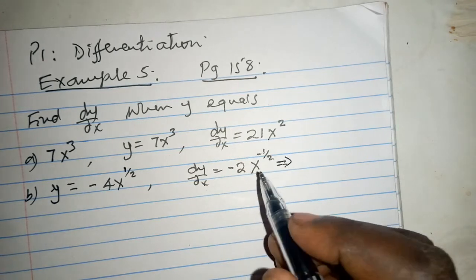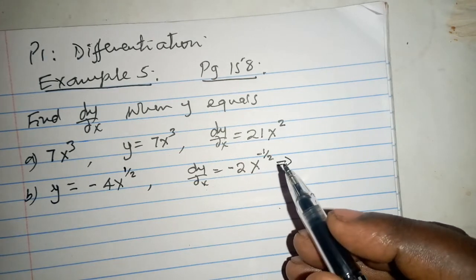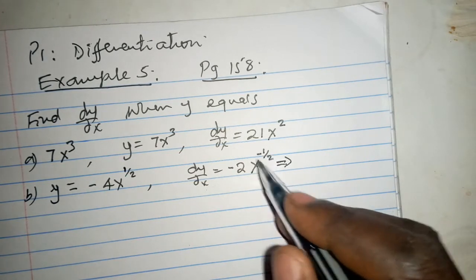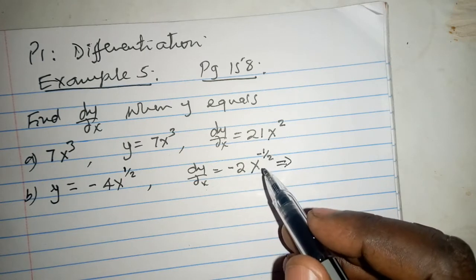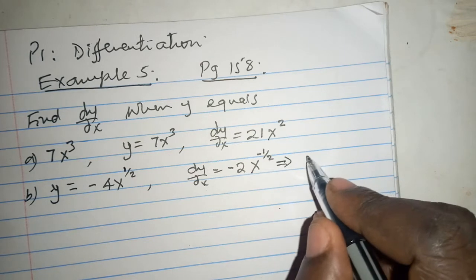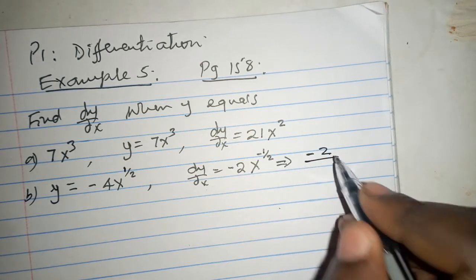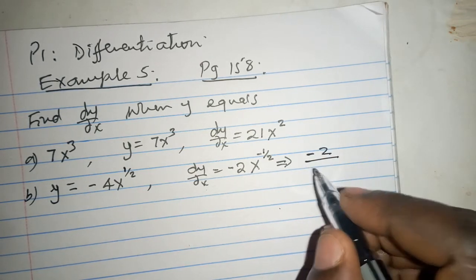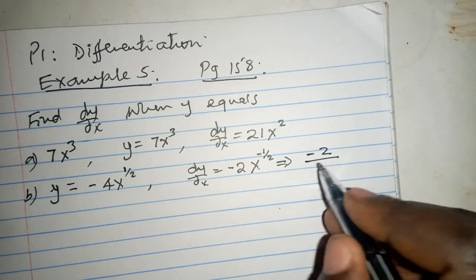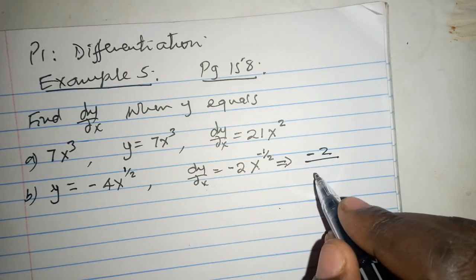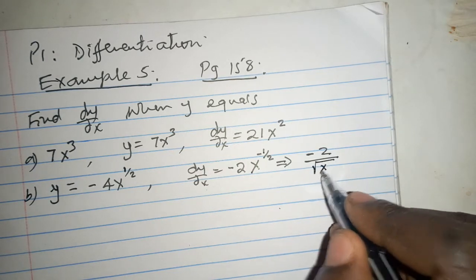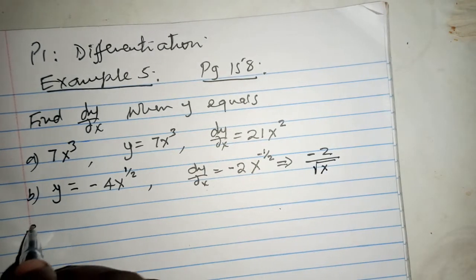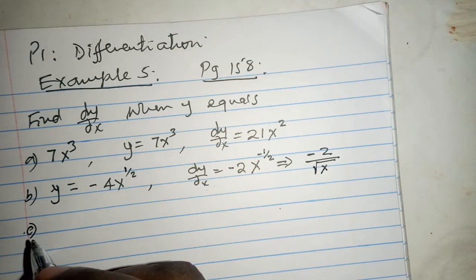But it is not in its simplest form, because we are not expected to leave variables with negative indices. So the final answer is minus 2 all over x raised to power a half, and this is easily the square root of x.